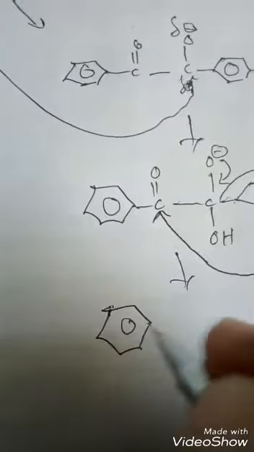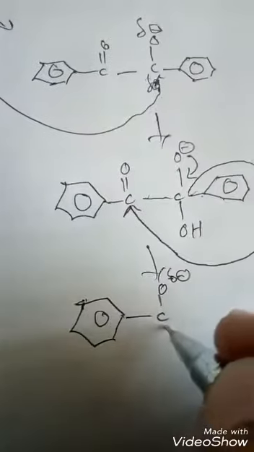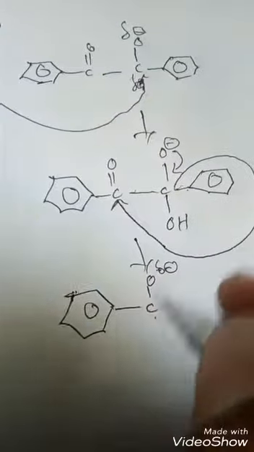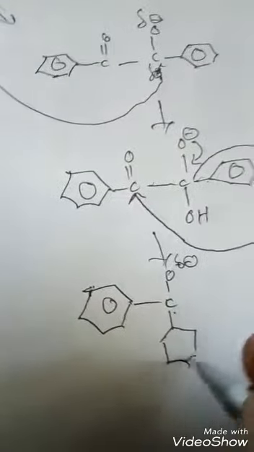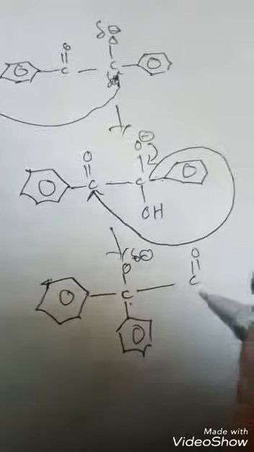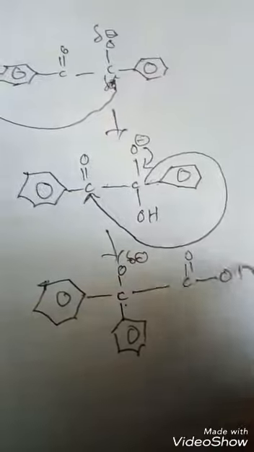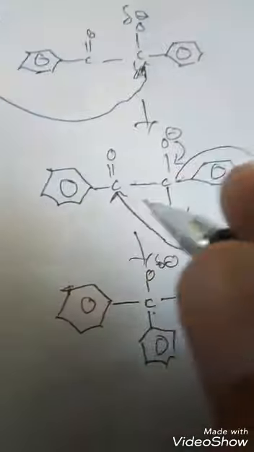So the next structure has the negative charge here, delta negative, and because this aromatic group is attached here to this carbon, we can draw it this way. And this carbon has an oxygen double bond and this OH. So the group is broken from here and attached here. This is a concerted step.